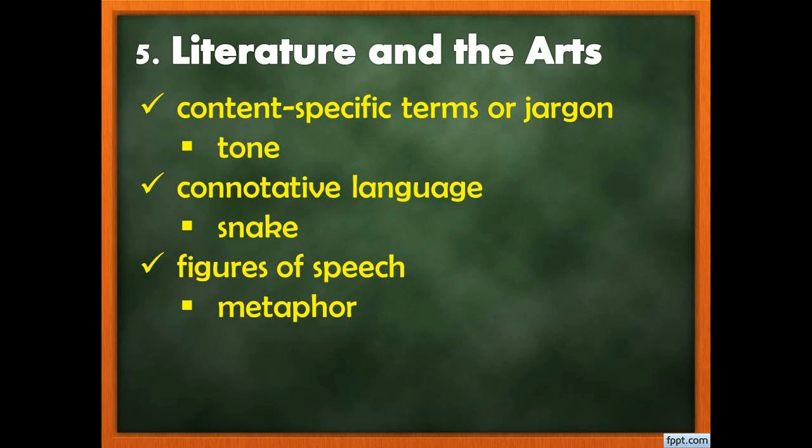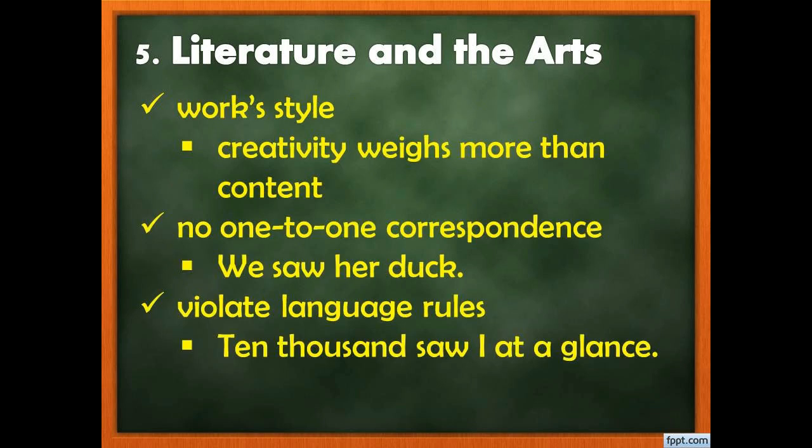He is a snake is actually an example of a metaphor. Also, in literature, the use of language and structure is critical in identifying the writer's style in a text. Thus, it can be said that creativity weighs more than content in literature and the arts.